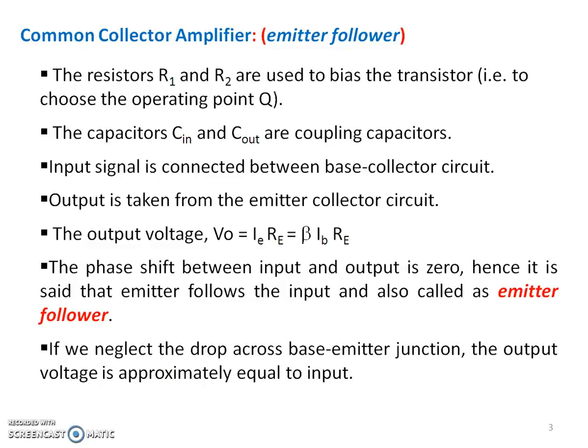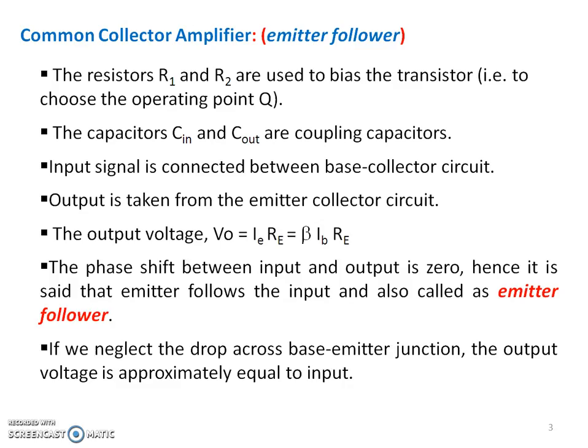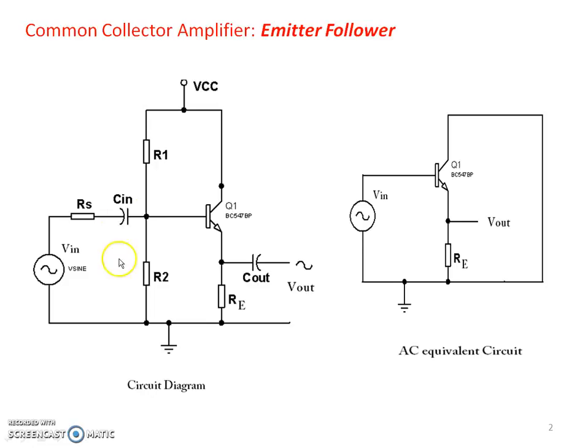Now we'll look at the features or characteristics of the common collector amplifier. As I stated, voltage gain is approximately unity. High current gain. So how to get an idea of the high current gain? If we go back to the circuit diagram, we find the input signal is connected between base and ground terminals, so it will produce a small base current.